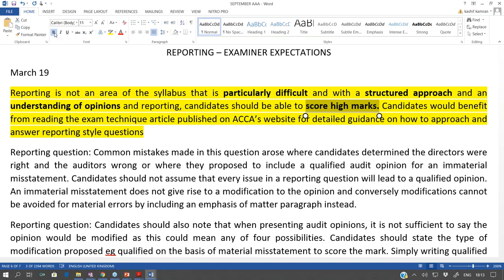How many of you at the very start of the session today believe this is not a difficult area, because the examiner is saying this is not an area of the syllabus which is particularly difficult? Do you agree with that? How many of you agree with the examiner's March 19 report, that this is not a difficult syllabus area?